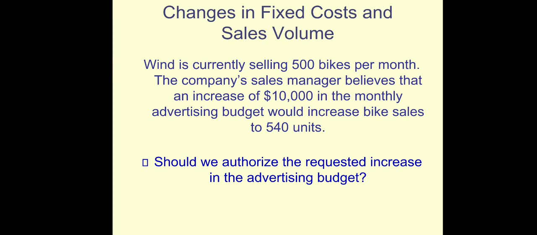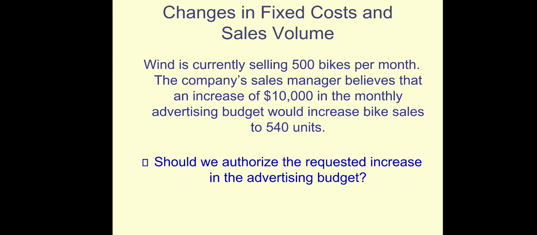Okay, so the situation is like this. The Win bicycle company is now selling 500 bikes per month, and then there is a new suggestion by the sales manager.